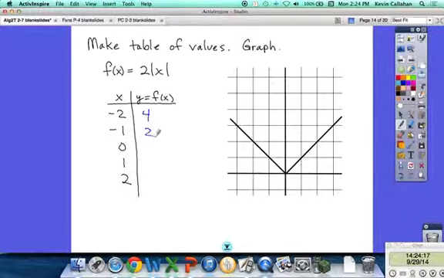So this will be 4, 2, 0, 2, and 4. -2, 4. -1, 2. 0, 0 is still on there. 1, 2 is on there. And 2, 4. Okay, do we see the V? Yes, we do. So let's draw in our V. Oh, I don't want that. I want this.